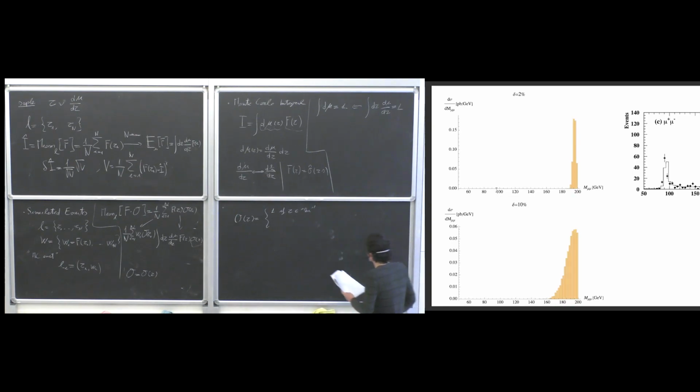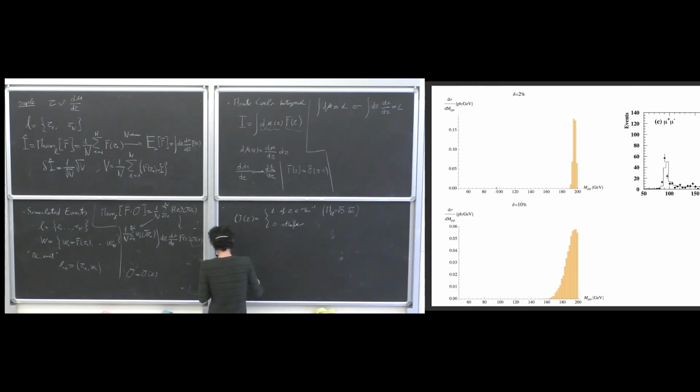So it's a certain region on the invariant mass M of the final state particles, f f-bar, which is square root of s times square root of tau. So for bins in this variable, a certain window in this variable, O is 1, otherwise it is 0.